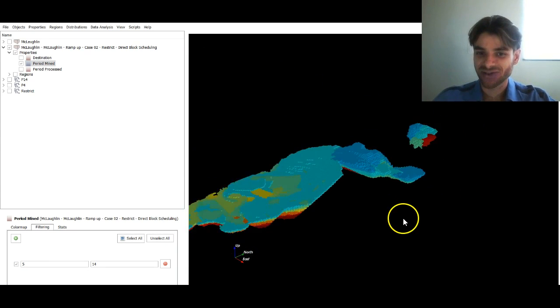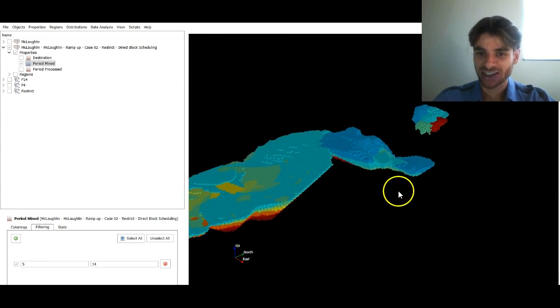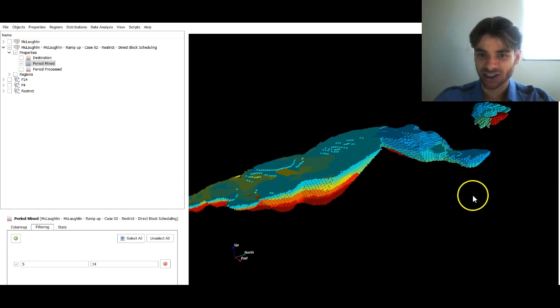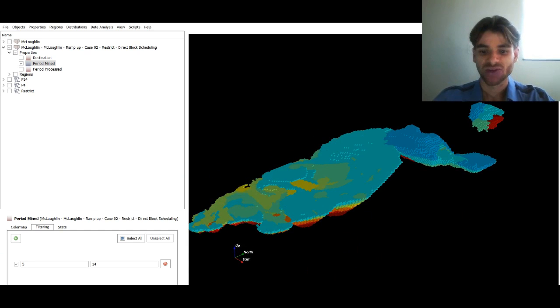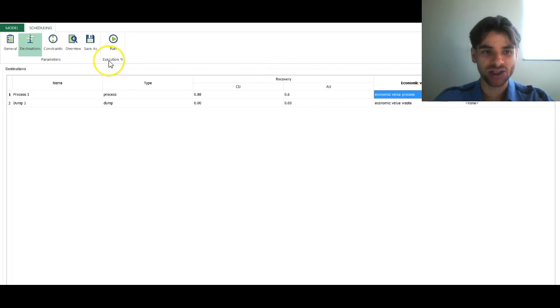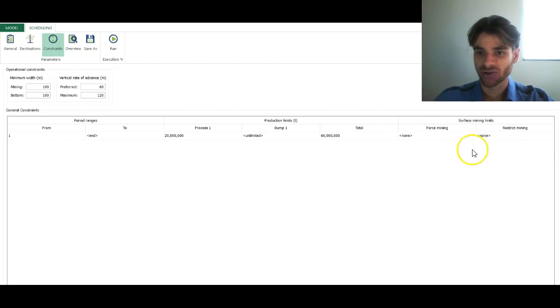Something very interesting in this case is that we have forced a certain situation. You may have noticed we have a field over here for surface mining limits. You can use forced mining to force something to happen, or restrict mining to not allow the mine to go into a certain region, on a certain range of periods.